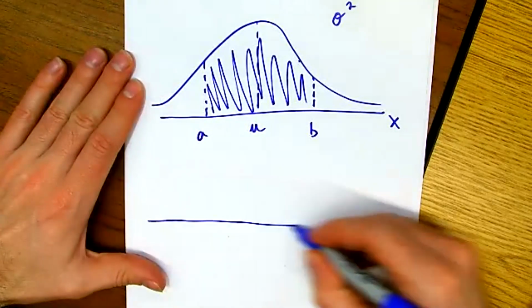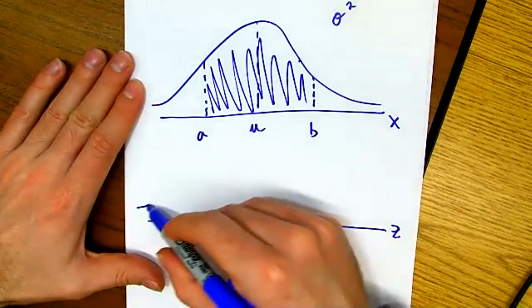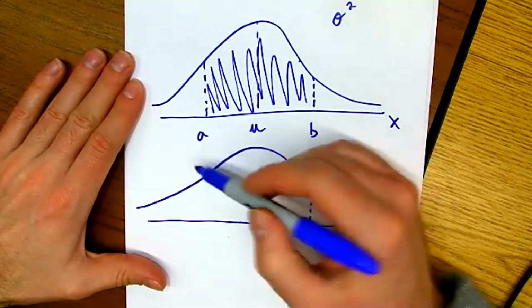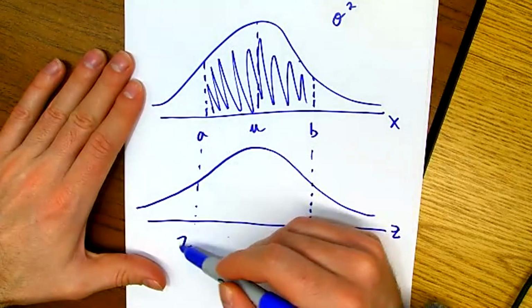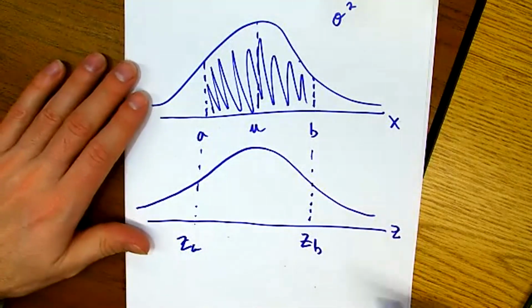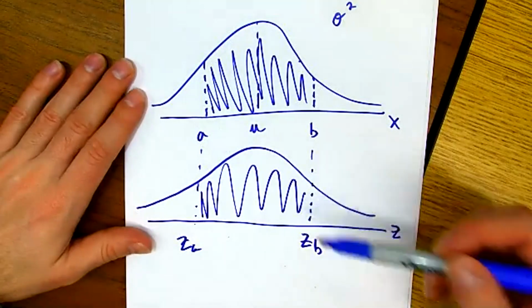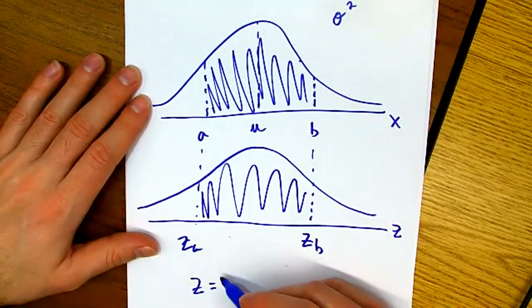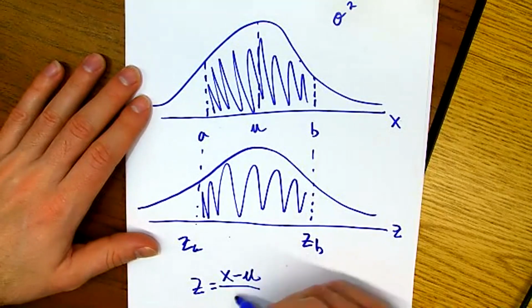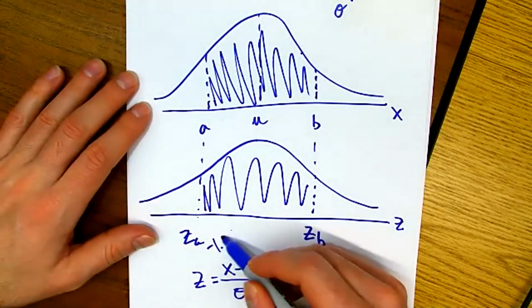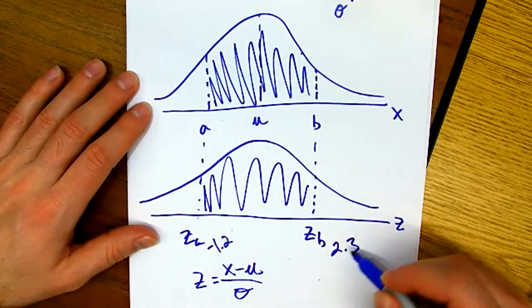Well, the very first step was turn these into z-scores. So here's my z-score for a, here's my z-score for b. We're still looking for the area in between. Once I have these, let's say I calculate them, we use that z-score formula to calculate those two z-scores. I don't know, let's say they're negative 1.2 and 2.3 up here.